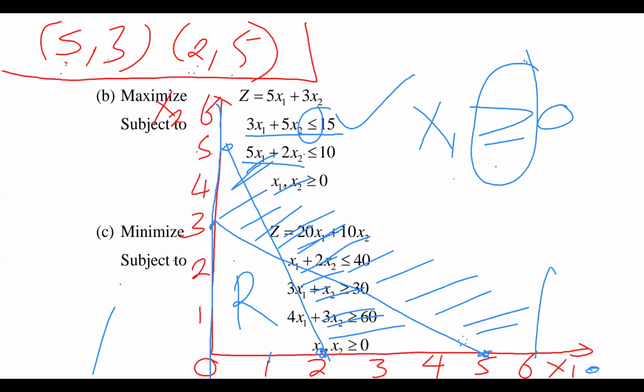Now, x1 is greater or equal to 0, right? So we are looking for the values. The wanted region is on the greater side of where x1 is equal to 0, right? The greater side of this line we have drawn, this one which passes on 0. Where is the greater side?